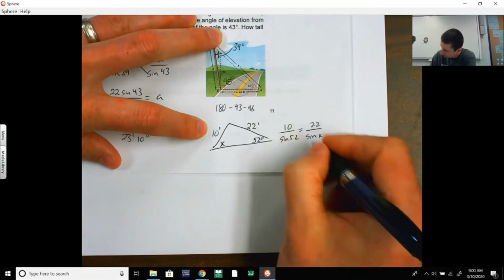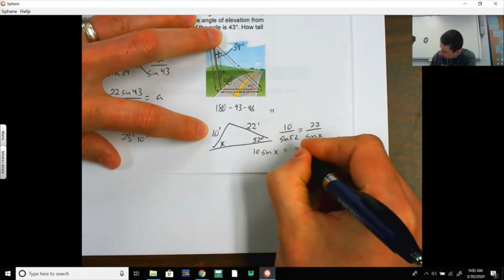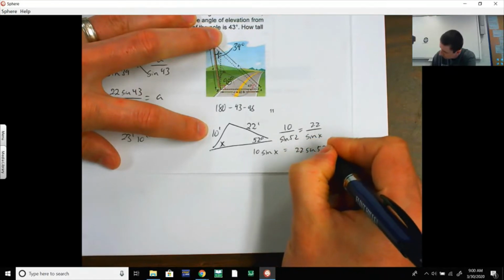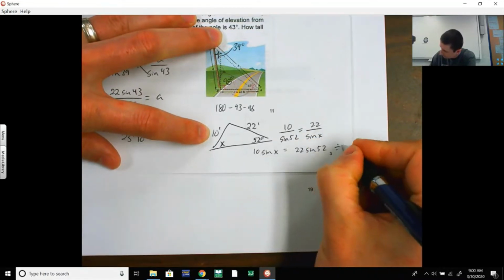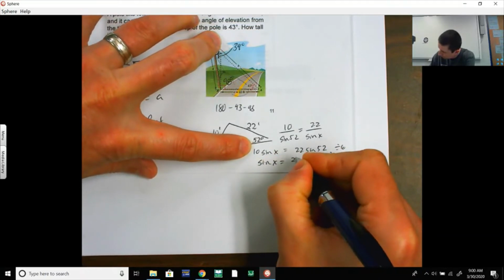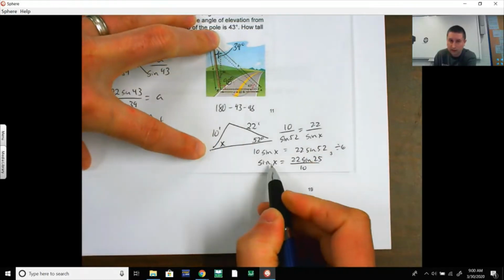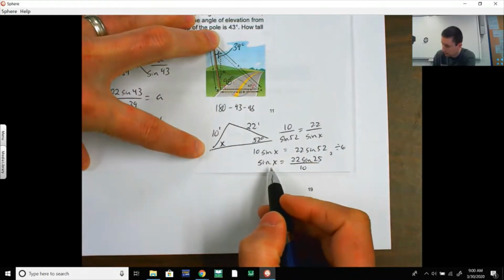So cross multiply, so 10 sine of x equals 22 sine of 52. Divide by 10. So sine of x equals 22 sine of 52 divided by 10. Now, when you're looking for an angle, you have to use the inverse operations.